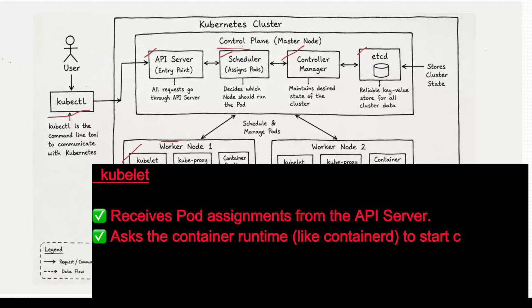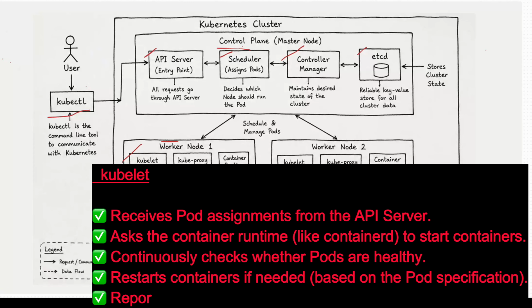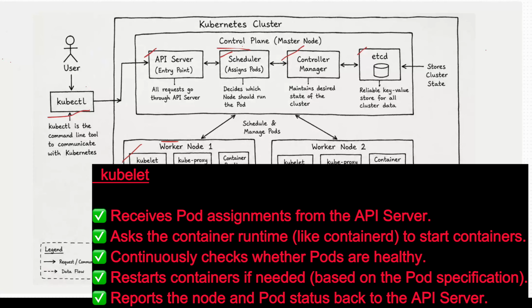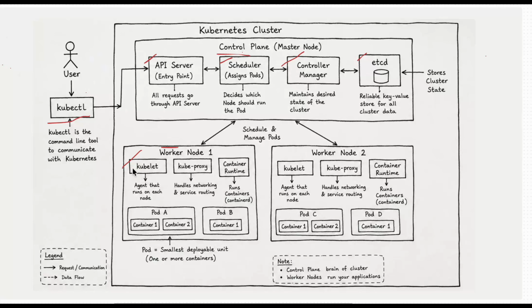Kubelet receives pod assignments, starts them, monitors them, and reports their status to the control plane. We can also say it receives instructions from the API server. One more thing to understand: kubelet is a node agent that runs on every worker node.